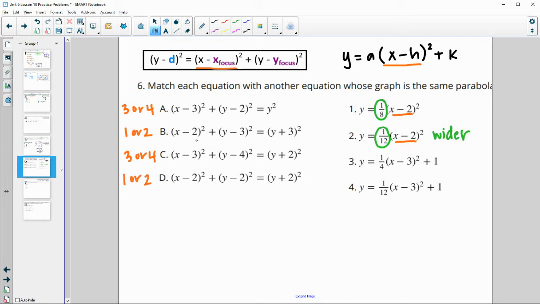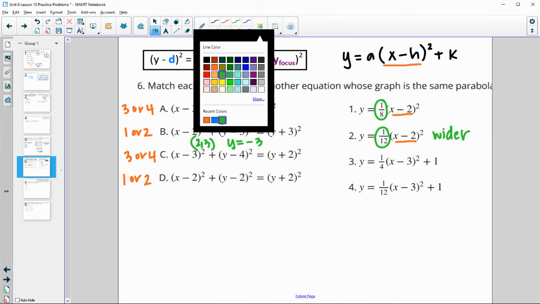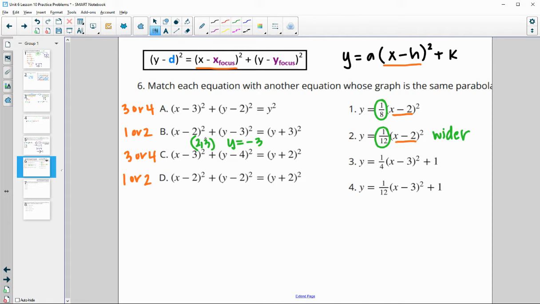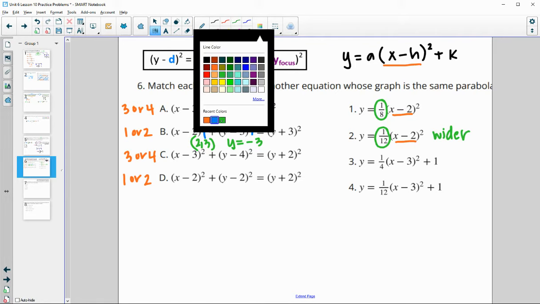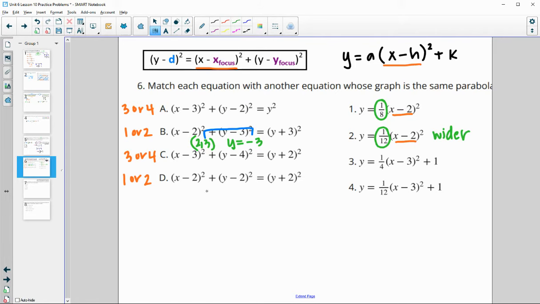So in this one, we have a focus of (2, 3) and our directrix is y equals -3. So how far is this point away from the directrix? 3 to -3 is 6 units away from the directrix. And we could look at this next one.